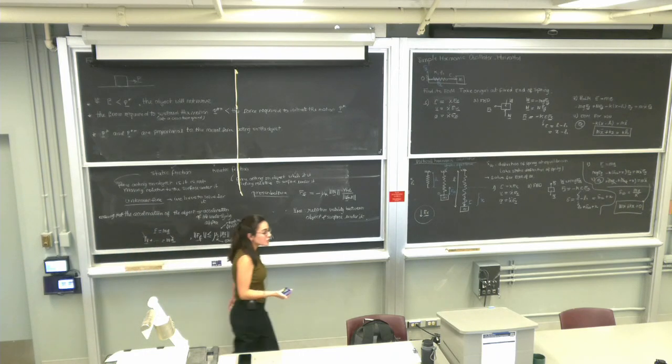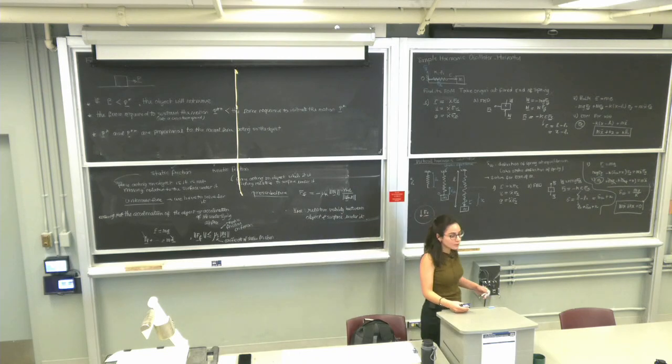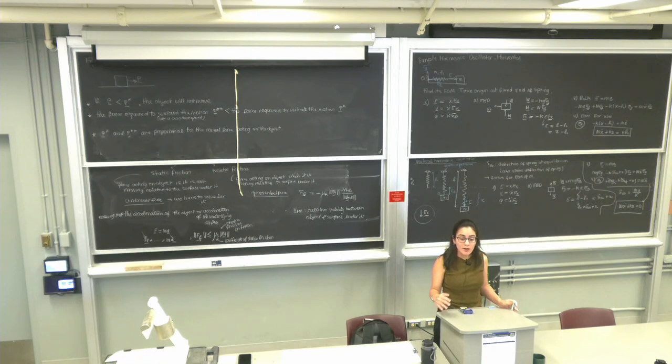There are other situations where an object could be moving but the friction force is still static. For example, like a rider on a bus, an object on a conveyor belt. So these objects are moving but the friction is still static unless the object is sliding relative to the conveyor belt or the box is sliding in the back of the truck. Then the friction would be kinetic. Okay? Now, let us do an example.